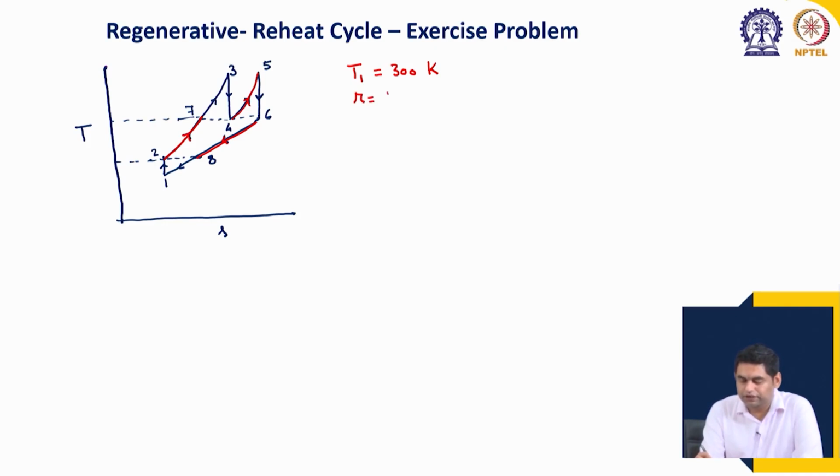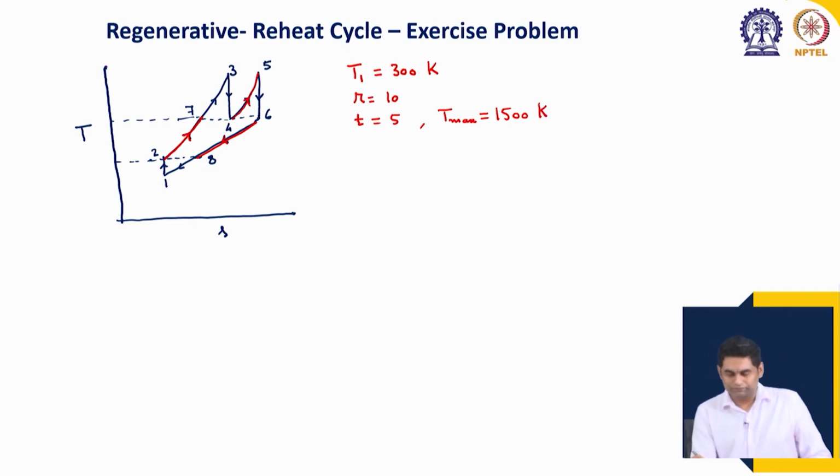The overall pressure ratio we had taken as 10, and the temperature ratio was 5, based on T max equal to 1500 Kelvin, the turbine inlet temperature. So, from that we obtain T equal to 5. These were the conditions, and we had assumed that air has the standard Cp value of 1.005 kilojoule per kg Kelvin and gamma equal to 1.4.